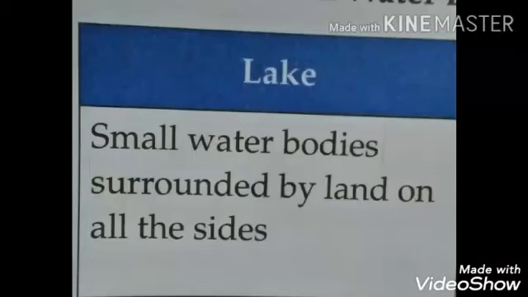So let's start with the first inland water body, lake. A lake is a small water body surrounded by land on all the sides. Dear students, if you remember the last class, we learnt about two types of seas, the marginal seas and inland seas. Inland seas are also surrounded by land from all the sides. And a lake is also surrounded by land from all the sides. So what is the difference between an inland sea and a lake? It is the size that matters.